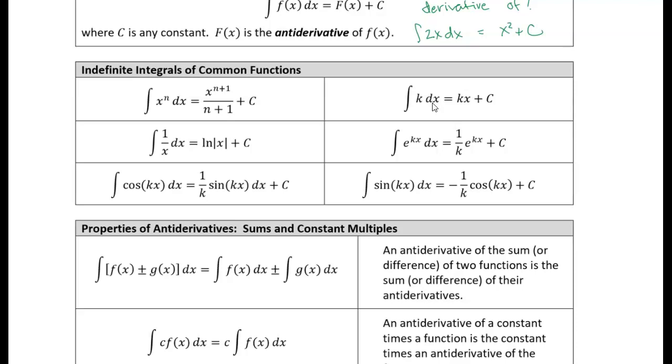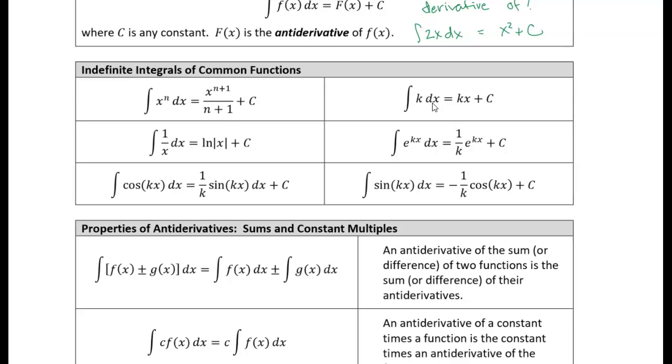The same with the integral of a constant, k. You can kind of think of it as being kx to the 0, right? So you're using the power rule in reverse there too. You know that the derivative of natural log is 1 over x, so it would make sense that the integral of 1 over x is natural log, right? We're just doing things in reverse.